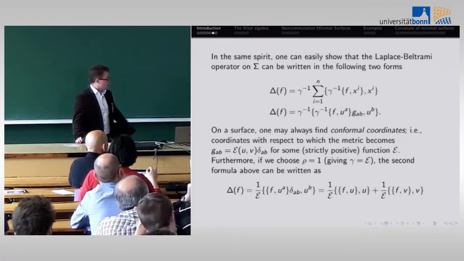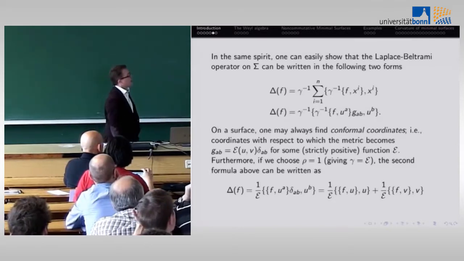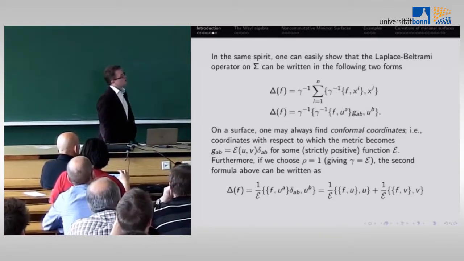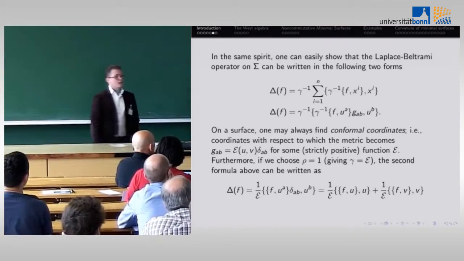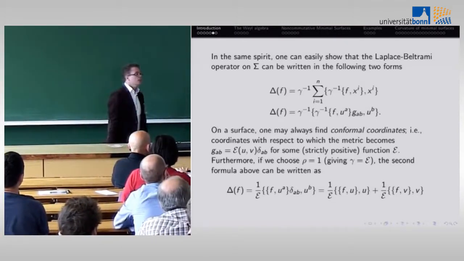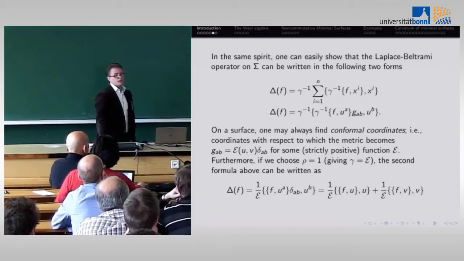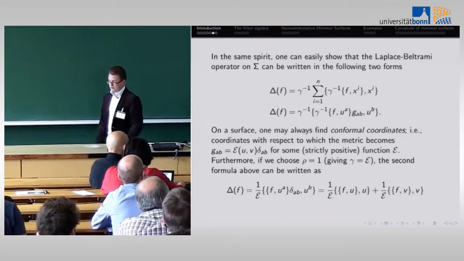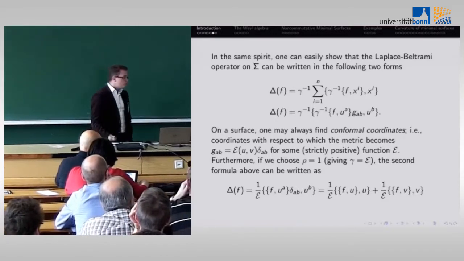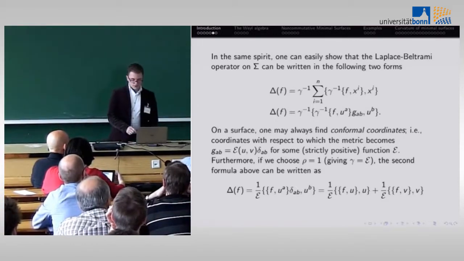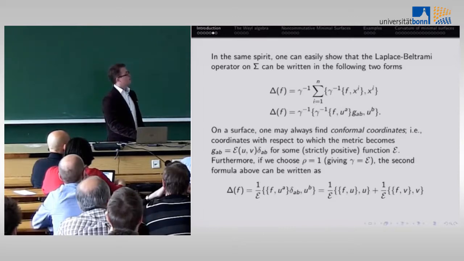And you can write the second equation above as the sum of the two double commutators as you see on the last line. Okay? Double commutator with u and u, and with v and v. And this will give you the Laplace operator acting on a function f on the surface. Okay? So nothing strange here. It's simple.